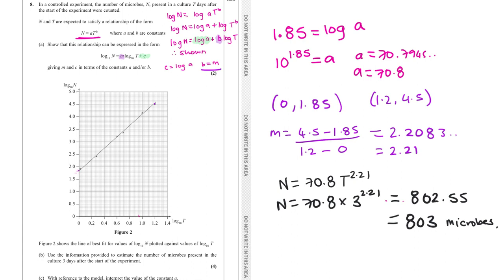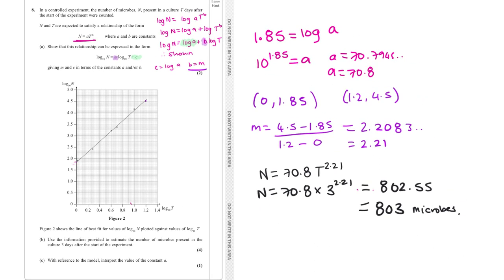Perfect. Okay then. So, part C, with reference to the model, interpret the value of the constant A. So if we think about A, and if we think about our formula, if we were to put 0 days to the power of B, it would just be 0, wouldn't it?